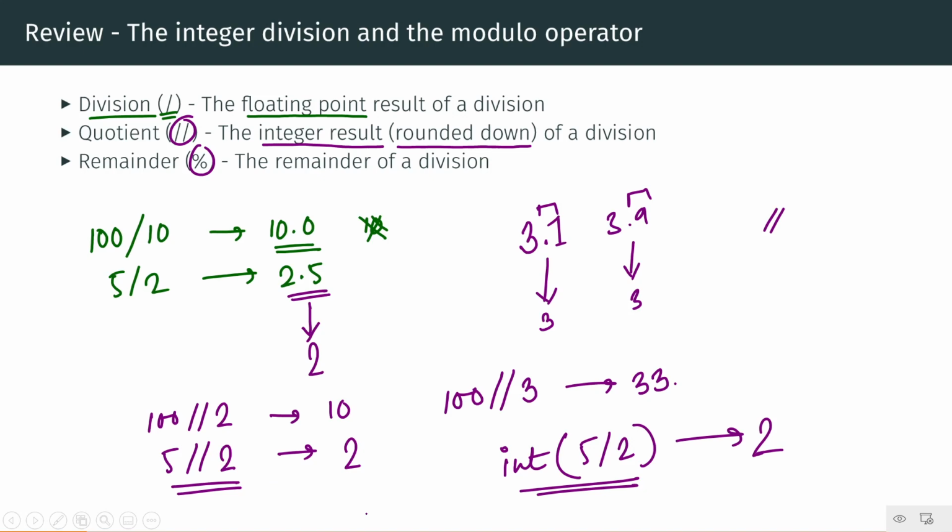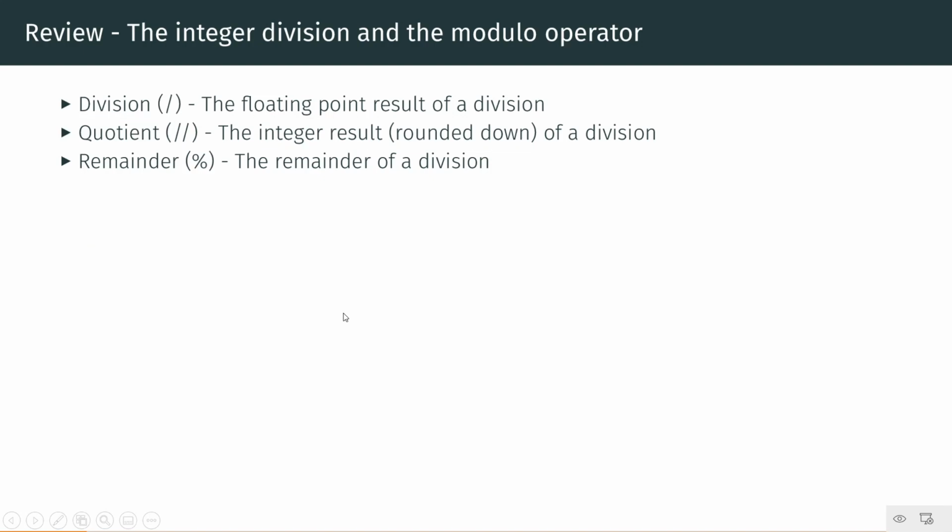The third operator, which is the remainder, gives you the remainder of a division. It does not need to be an integer, it can be a floating point as well. So it can be an int or a float, right? But it essentially gives you the remainder of a division.